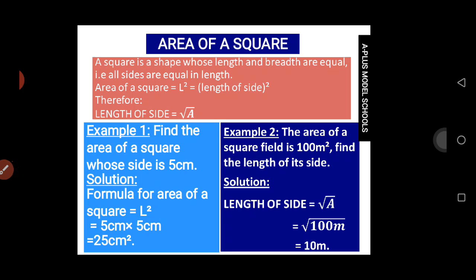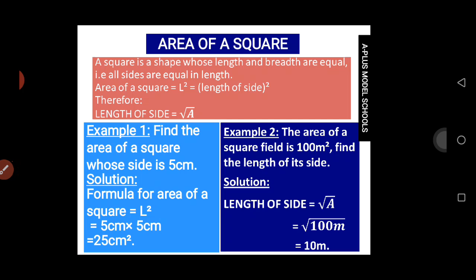Since they have the same length, if one of the sides is 5, then automatically the remaining 3 sides will also be 5 centimeters each. So the formula for finding the area of a square is length squared. And the formula for finding the length of a square is the square root of the area.